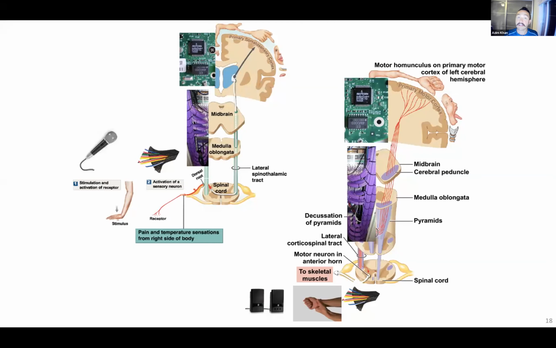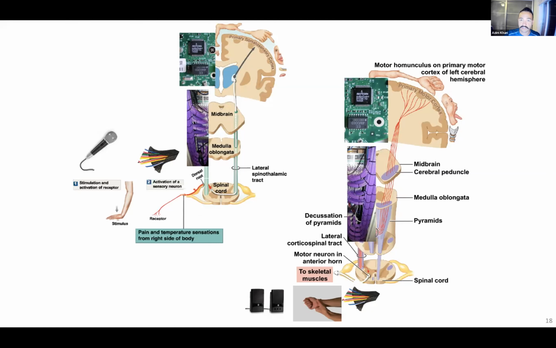So I want to have practice in the next activity of how do we go from sending a signal from our brain to controlling our arm, or how do we go from feeling something hot and sending that to our brain, and relating that to the anatomy, because when we damage a specific area of our brain, a specific area of our spinal cord or a specific nerve, that has consequences, and we can trace those consequences. We can predict that if we damage this nerve or this part of our spinal cord, we'll experience these specific symptoms in specific locations. That's the goal of what I'd like you to understand by the end of this.